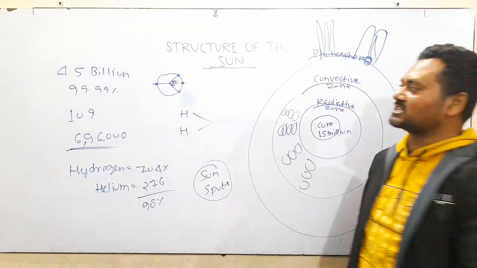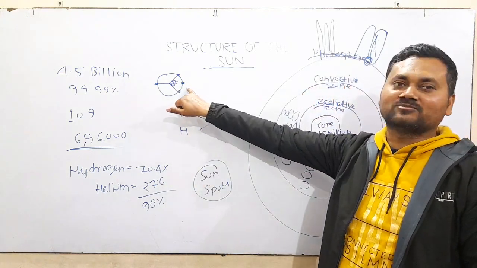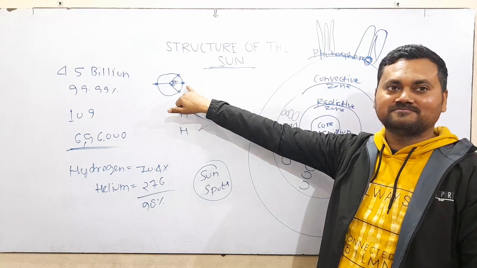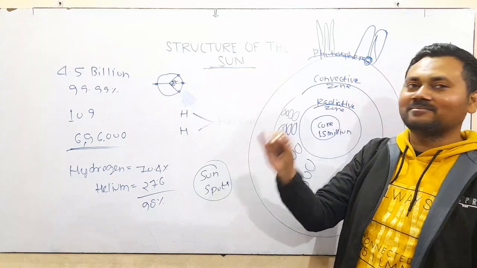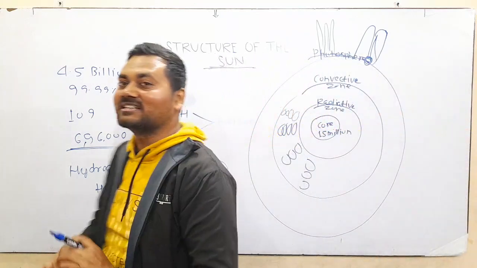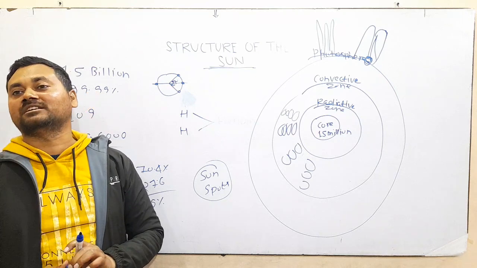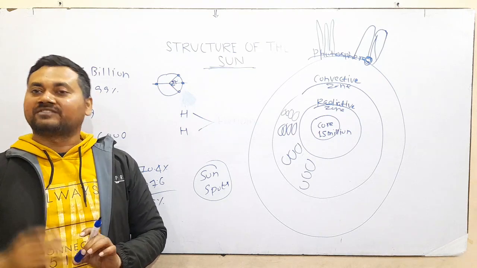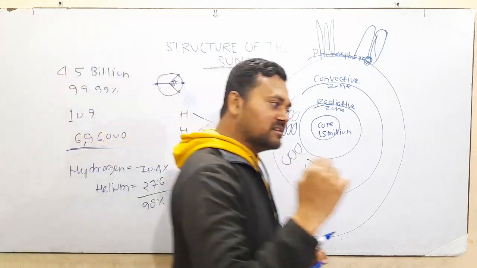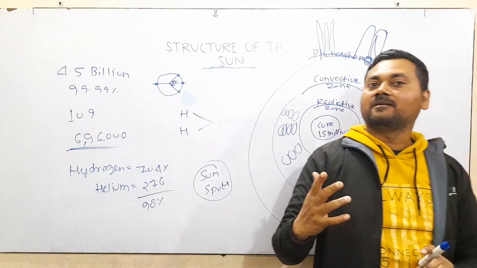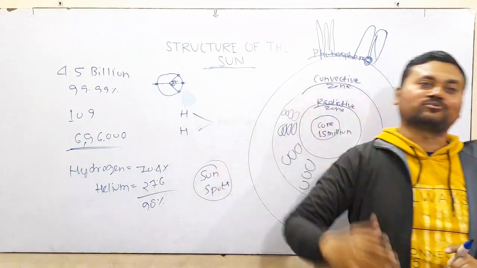When the sun spot is formed on the equator, at that time our earth experiences the maximum radiation, maximum insolation, and this maximum insolation affects the atmosphere and affects our monsoon season as well.